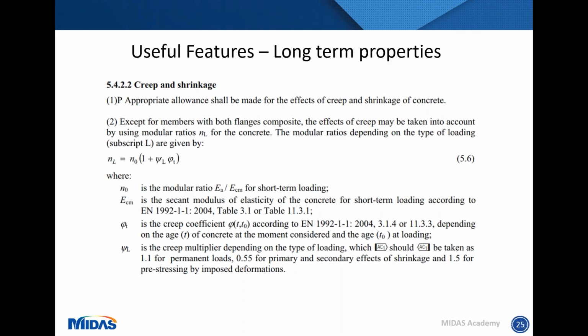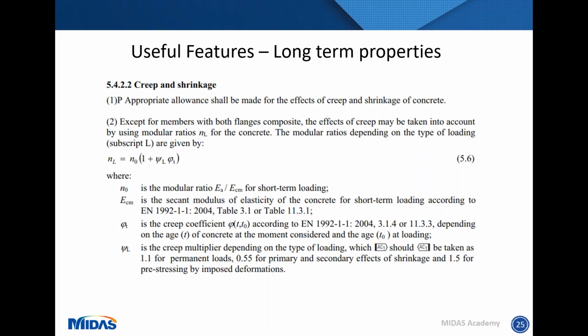So having discussed those main parts of the construction stages and other loading considered, I'm just going to briefly touch on some of the other useful features within Midas, and specifically in this instance, looking at the long-term properties.